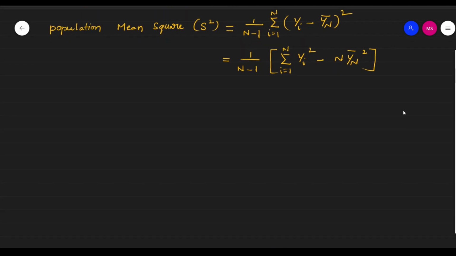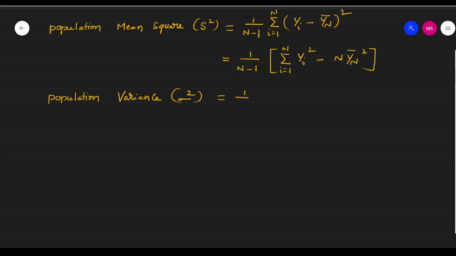Another formula of the population, the most important, is the population variance, denoted by sigma square. Population mean square is denoted by S square and population variance is denoted by sigma square. This notation is very important.